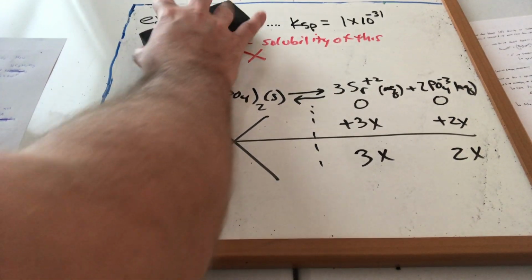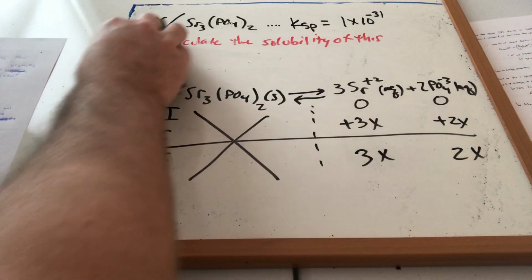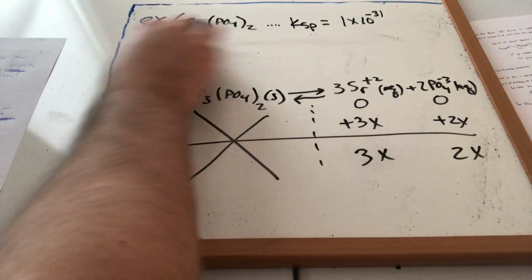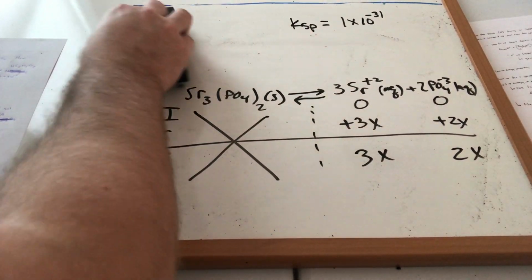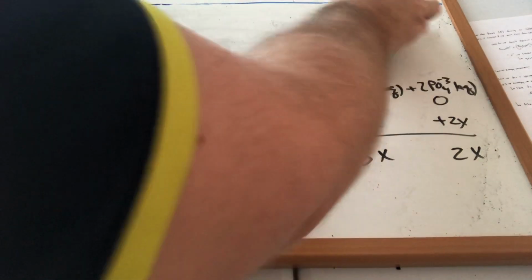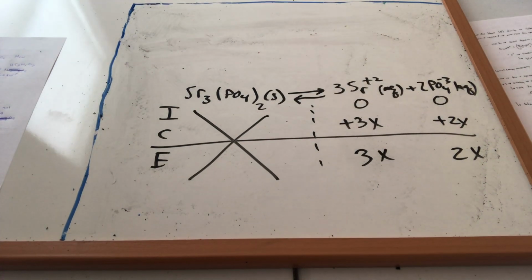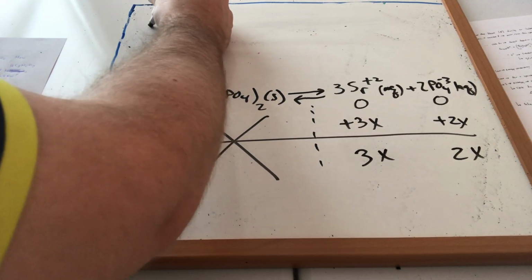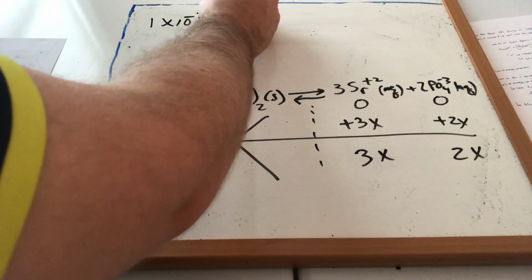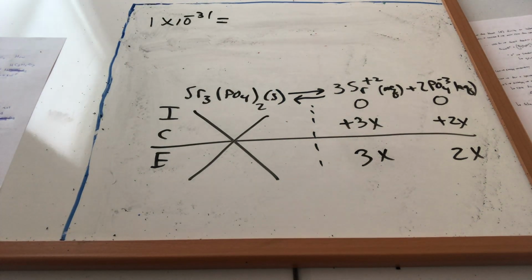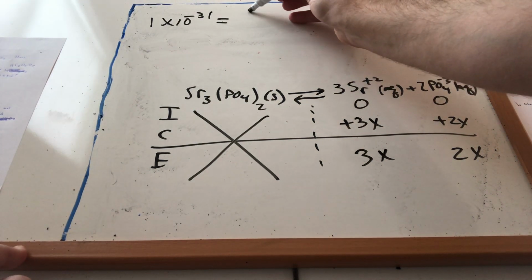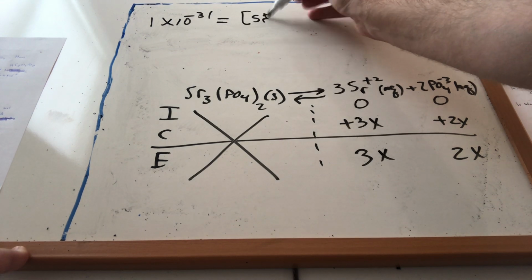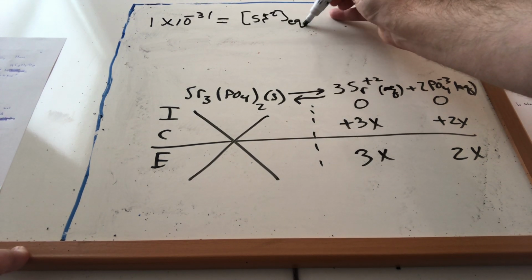Well, we can take ICE information and relate it to K. So we know that K is 1 times 10 to the minus 31. So 1 times 10 to the minus 31, our KSP, our solubility product, it looks like I should find my Sr+2 concentration at equilibrium.